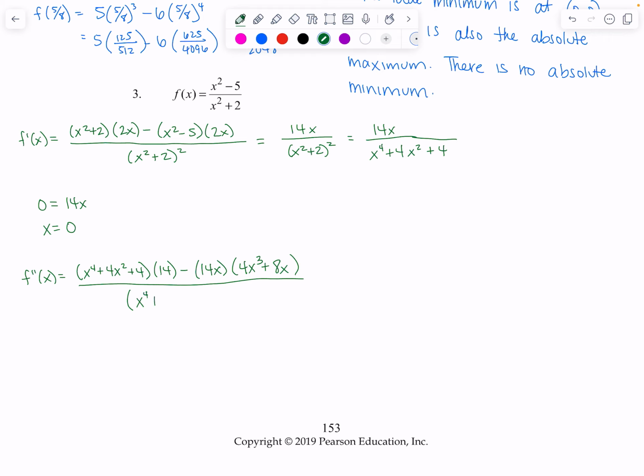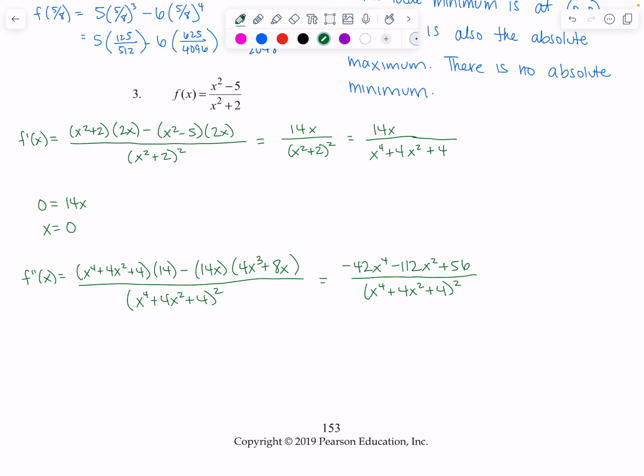X to the 4th plus 4x squared plus 4 squared. And we can multiply these out. Negative 42x to the 4th minus 112x squared plus 56 over x to the 4th plus 4x squared plus 4 squared.